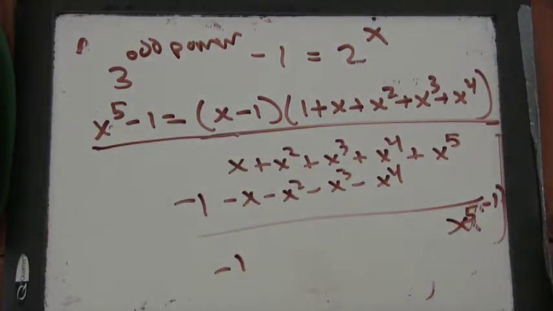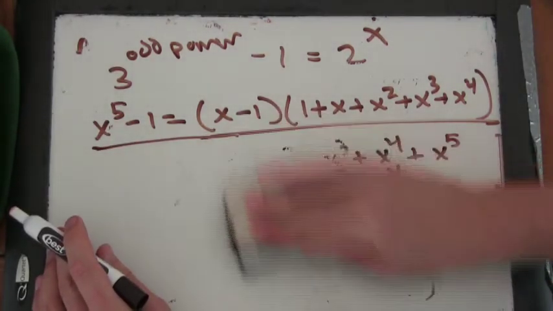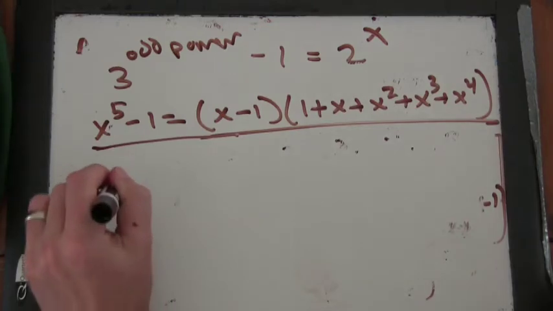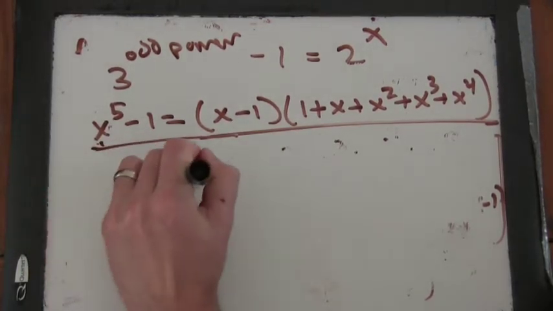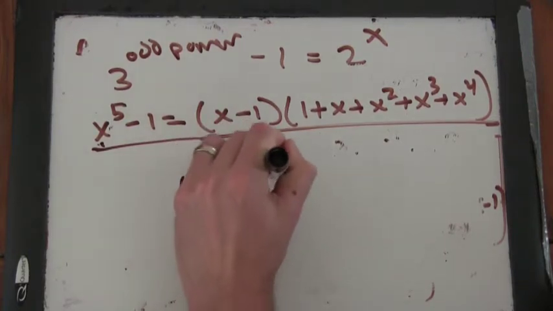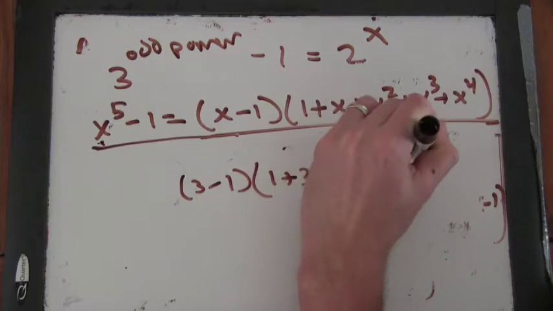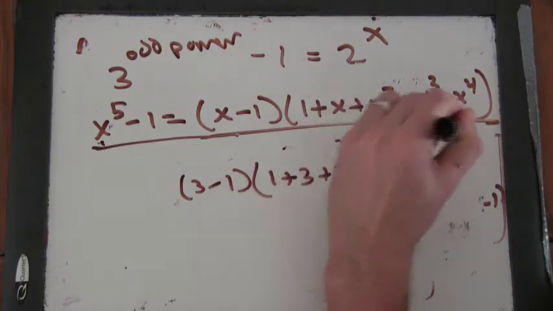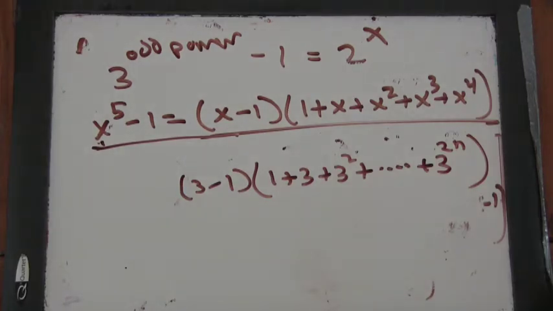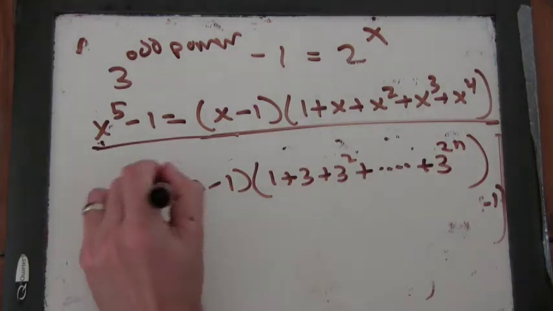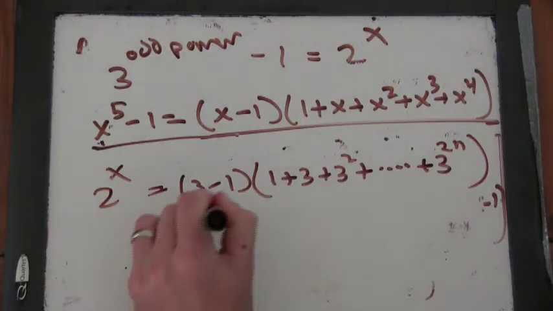Yeah. Okay, but now look at what happens when I have an odd power here. When this is 3 to an odd power, I'm going to get 3 minus 1 times 1 plus 3 plus 3 squared and so on, up to 3 to an even power, some even power 2n, call it. And I want this to equal 2 to the x. So now I do have a 2 here.